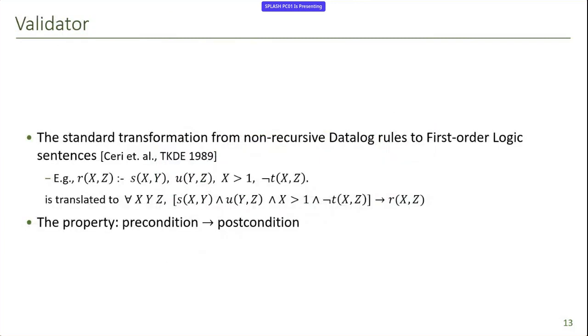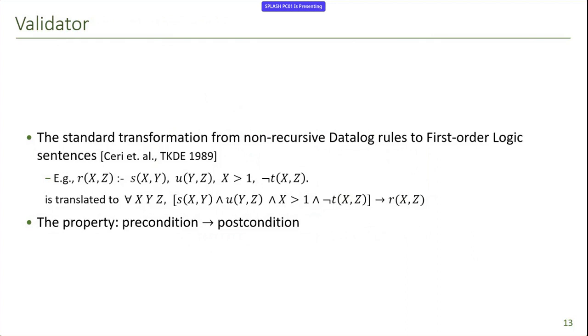For the validation step, we use a standard transformation from non-recursive Datalog rules to a first-order logic sentence. For example, for this rule, we have one atom in the head and atoms in the body. The meaning of this Datalog rule is a first-order logic sentence: the conjunction of all atoms in the rule body implies the head atom, and all variables are universally quantified.